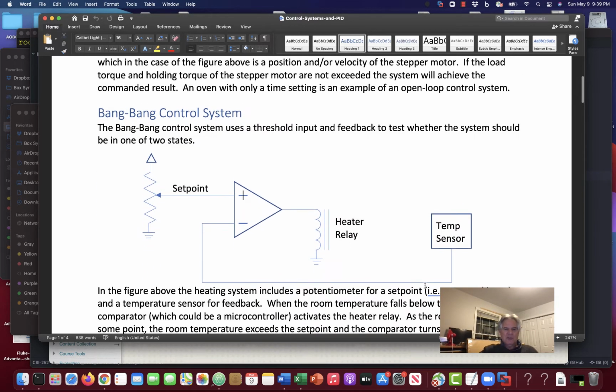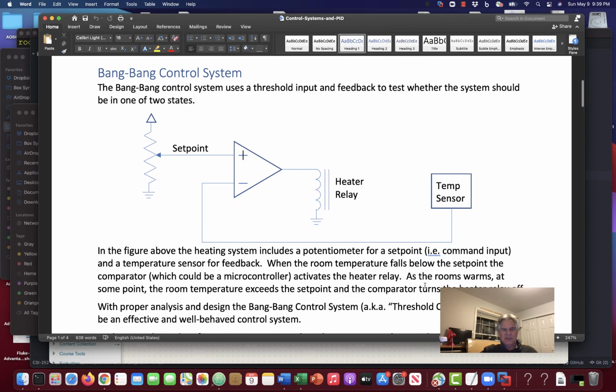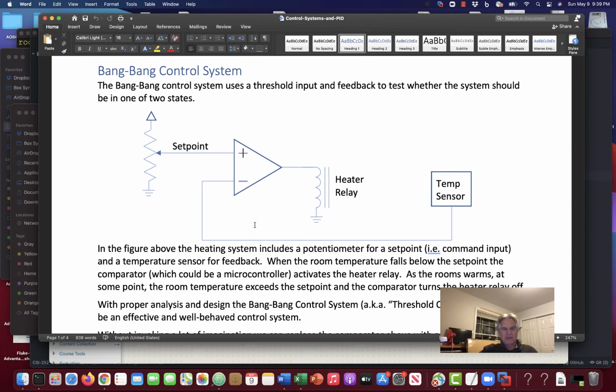Another kind of control system that does have feedback is a threshold-based control system. The bang-bang control system. It has a threshold and it has feedback. So you can imagine using, say, a potentiometer between two voltages to set a set point, or a threshold, if you will. And maybe a temperature sensor comes back.